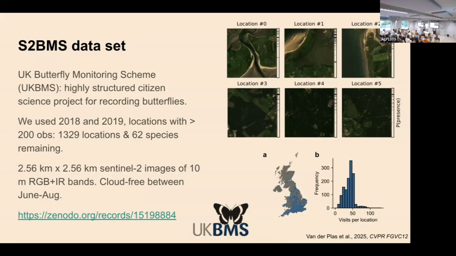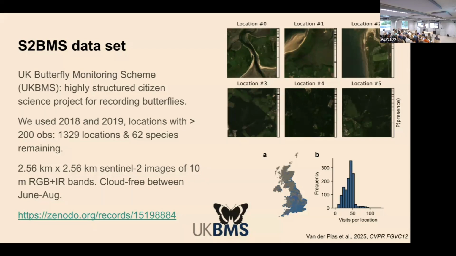More and more locations are added every year typically. Most of the data is available on GBIF with a delay of a couple of years. We used data from 2 years, and after some filtering, we ended up with a data set of just over 1,300 locations.